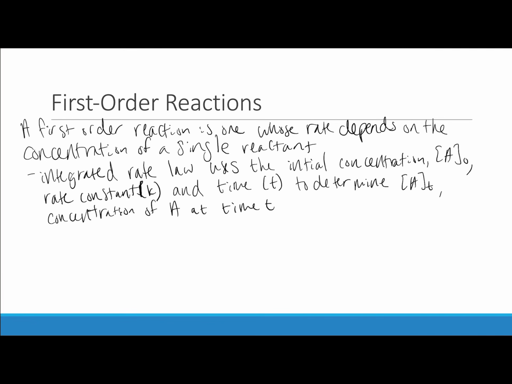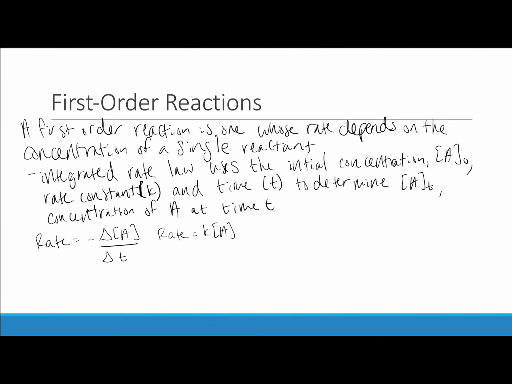So the way that this is taken is you have your relative rate equation and your general rate equation combined. So here's our relative, and then our general for a first order process.